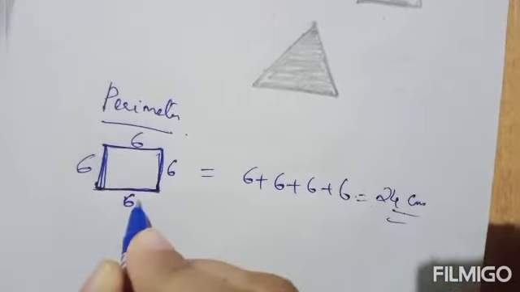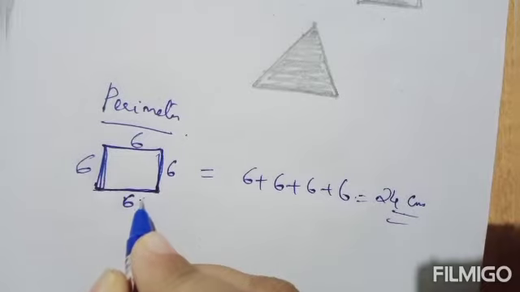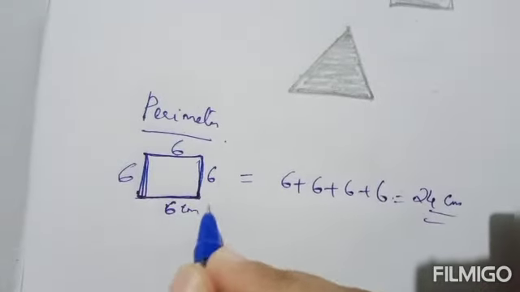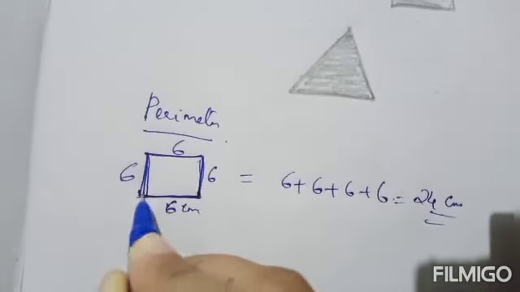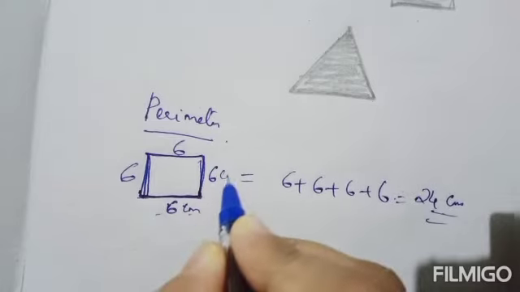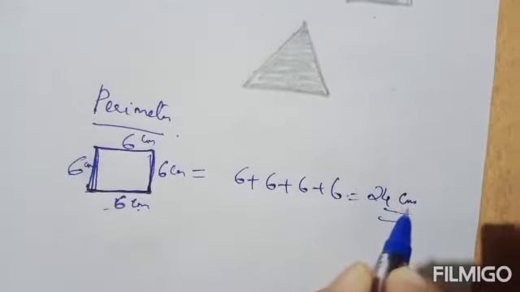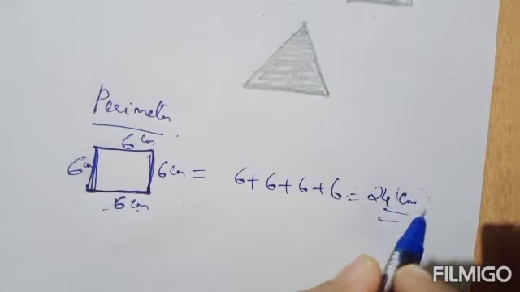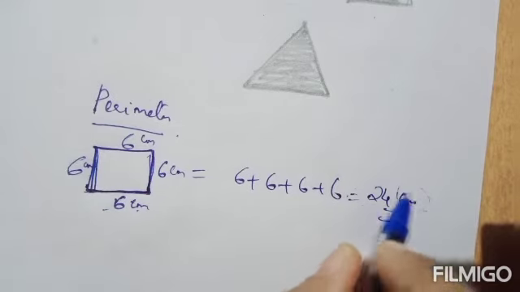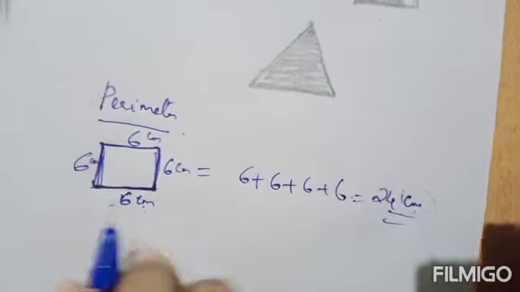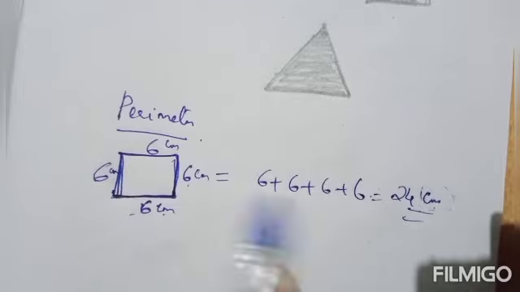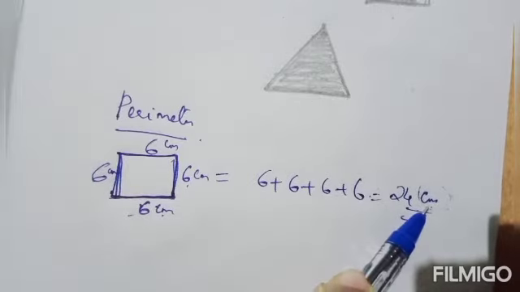Here the length of the side is in centimeter, so the perimeter will also be in centimeter. If this is in meter, then the unit of perimeter will be in meter.